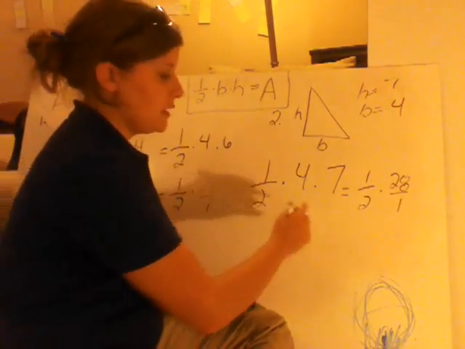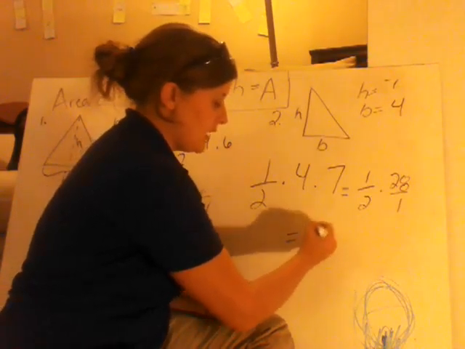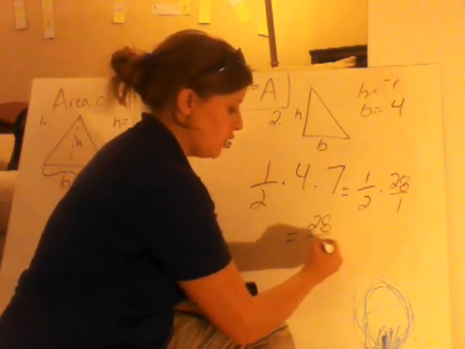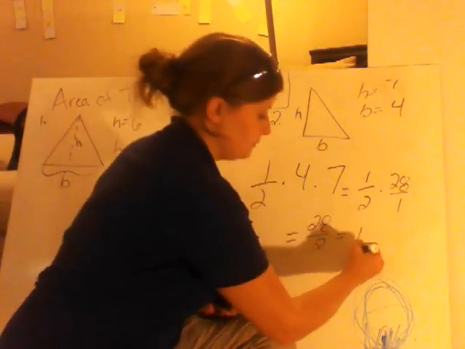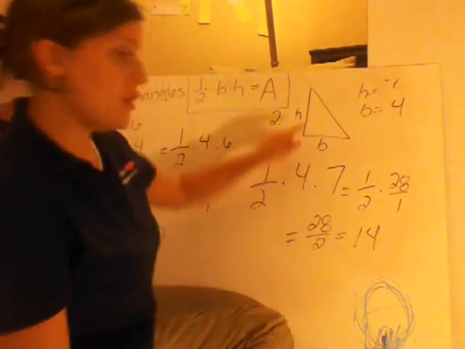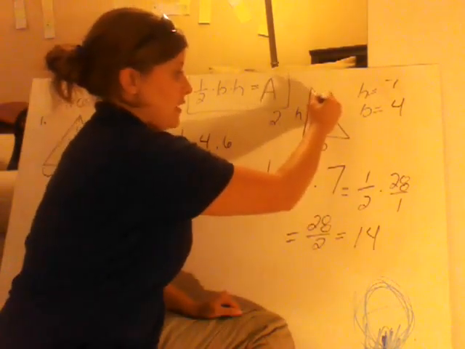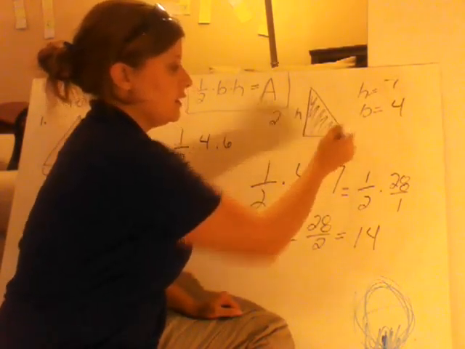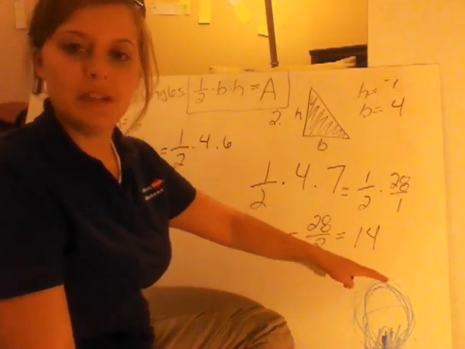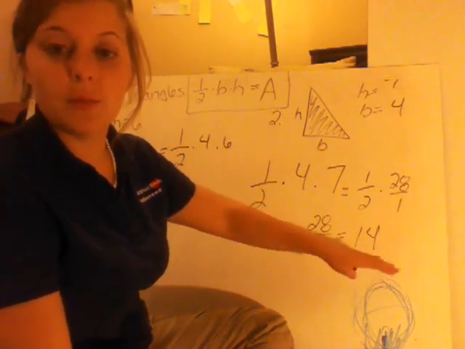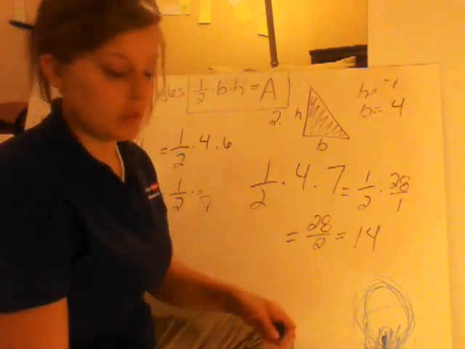Still multiplying across, that equals 28 over 2. 28 divided by 2 is 14. So the area, meaning everything inside, all of this, is equal to 14. Again, this could be 14 inches, it could be 14 centimeters, but right now it's just 14. We'll leave it at 14.